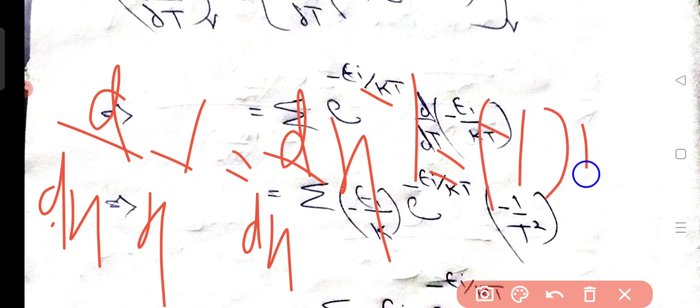The method is d over dx of x to the power minus 1: put the minus 1 at the left hand side, and then subtract 1 from the power. So you will get minus x to the power minus 2, which is minus 1 divided by x square. In this manner you will get minus 1 over T square, the derivative of 1 over T.